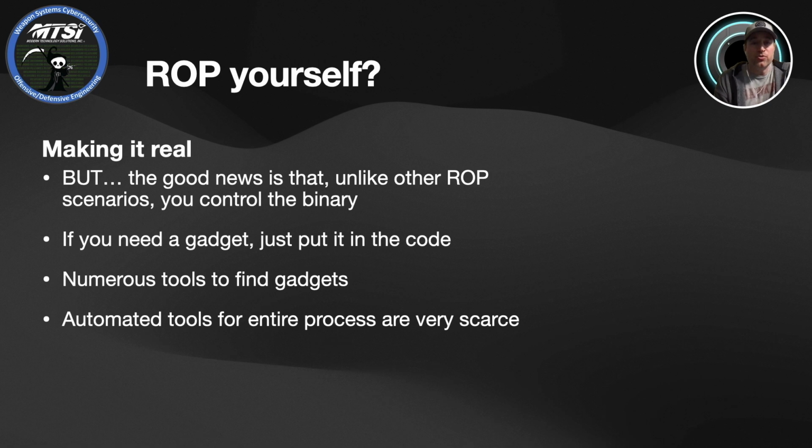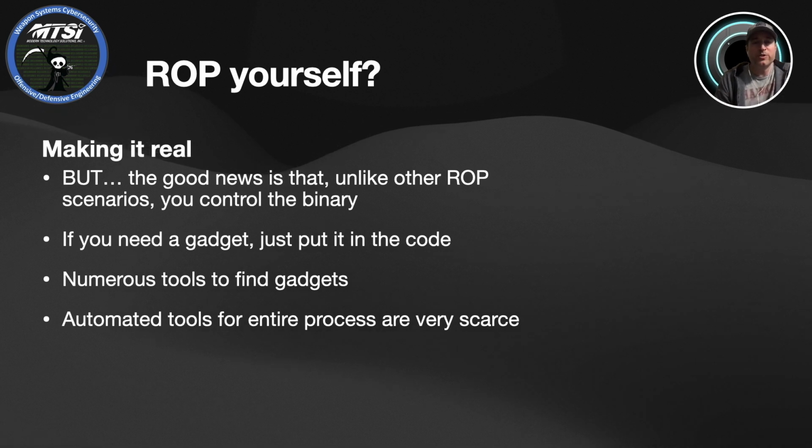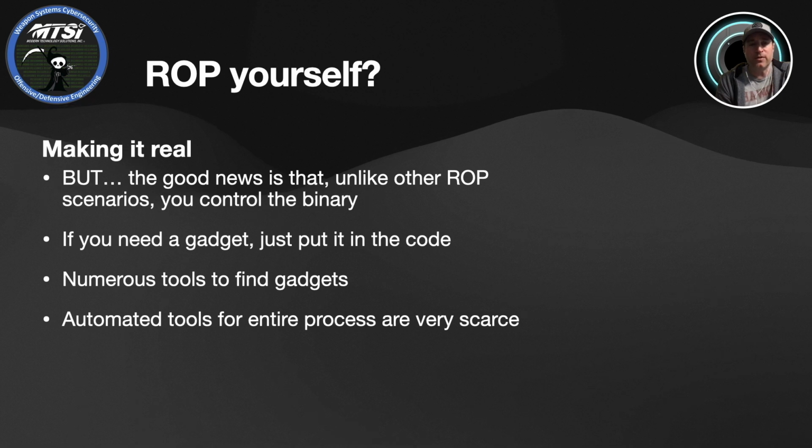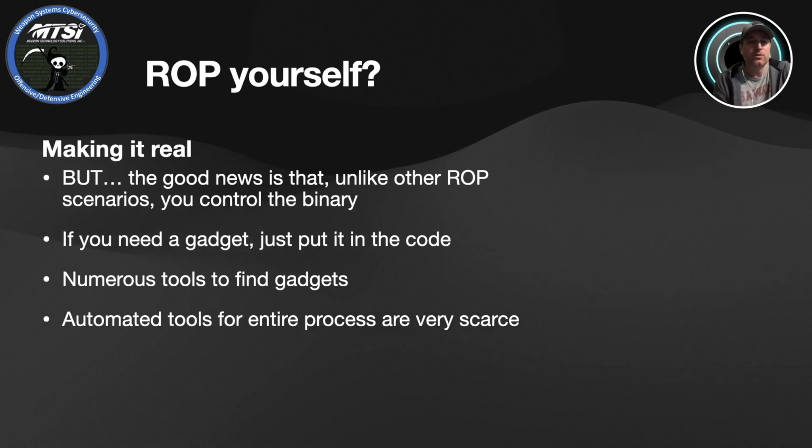But the good news is when you're ROPing yourself versus trying to ROP somebody else's program, you control the binary. Remember, we talked about before, one of the limitations of ROP is you have to live with the programs as they're compiled with the gadgets that are in there. But if you control the program, you control the source code, you can put whatever you want in there. So if you need a gadget, just put it in the code.